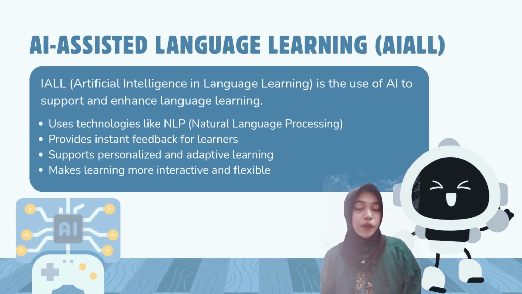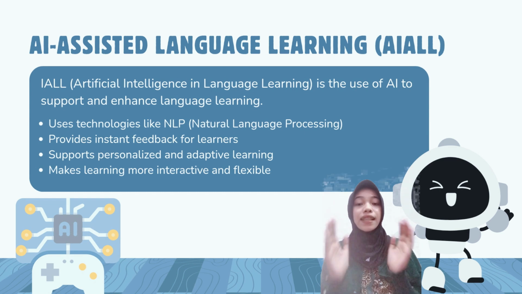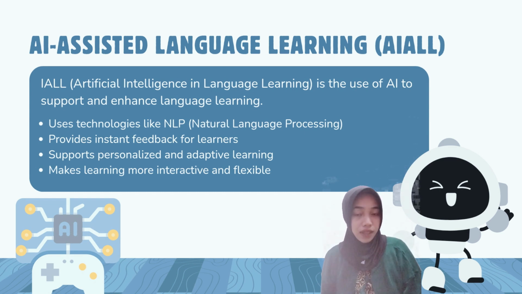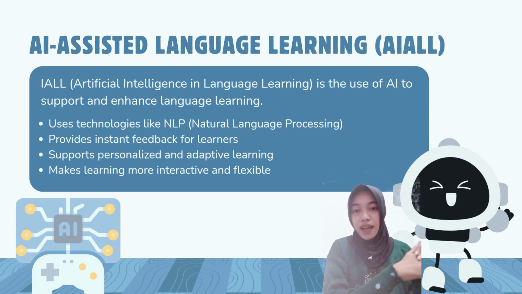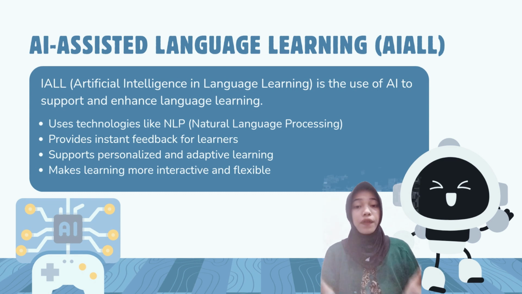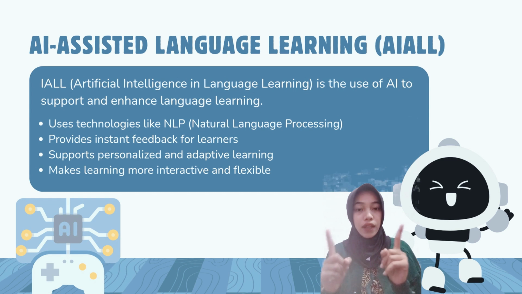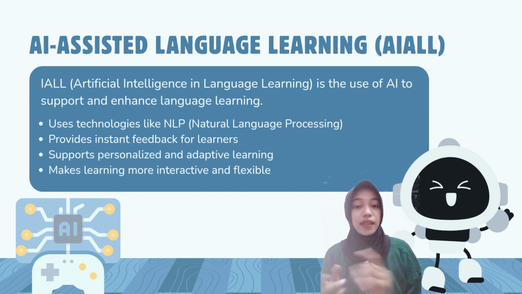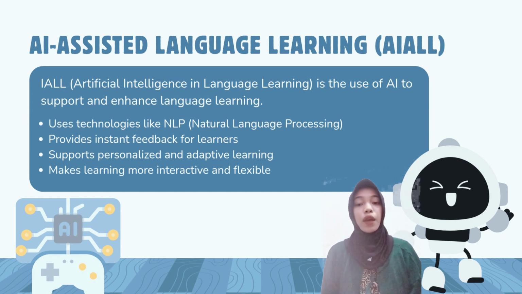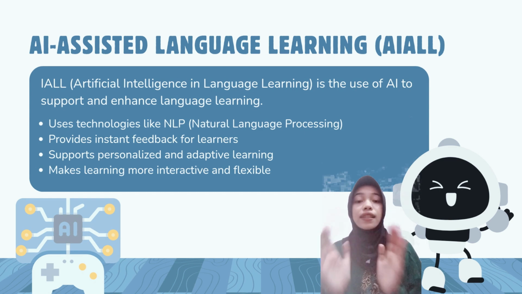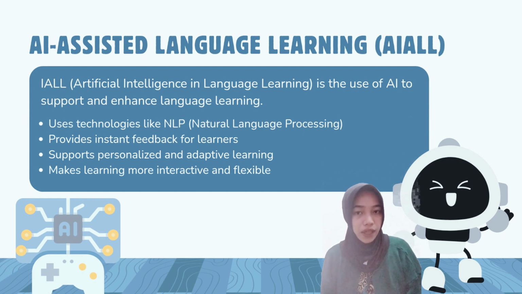Now, let's move to a more advanced concept, which is AI-assisted language learning or AIALL. AIALL refers to the use of artificial intelligence to support language learning. One important technology behind this is natural language processing, which allows AI to understand and respond to human language.